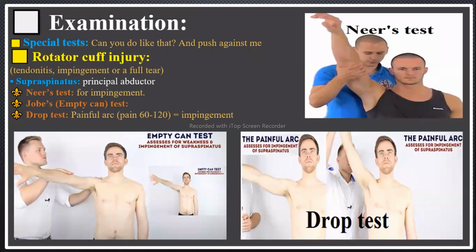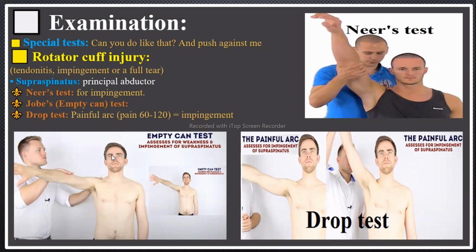If the patient has no resistance, it means weakness, right? So here you ask the patient to do like that, and you will do the empty can test. He is looking at the patient's eyes, and also pushing the arm down.